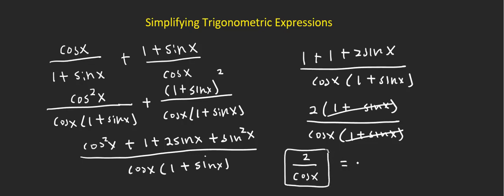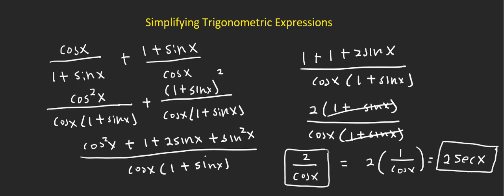This is what I mean. 2 over cosine x is the same thing as 2 times 1 over cosine x. And what is 1 over cosine x? That's secant x. So it becomes 2 secant x. So sometimes the book might ask you to leave it like this if it's multiple choice.